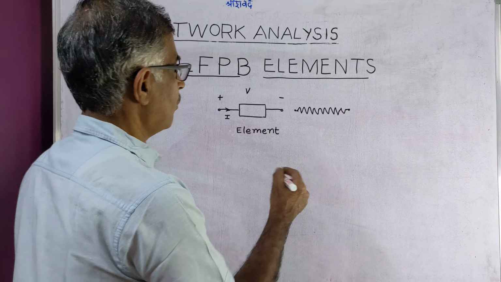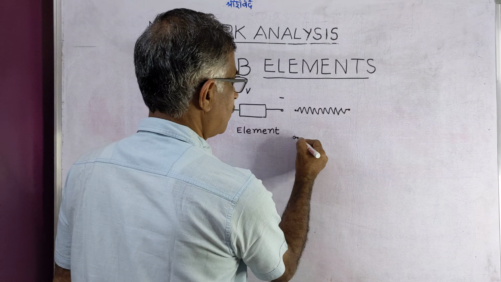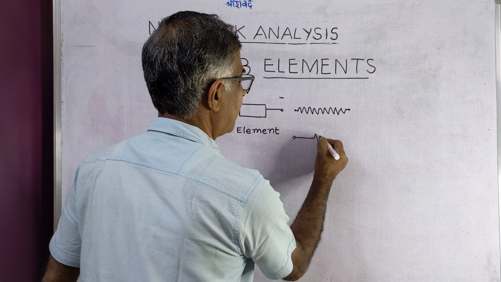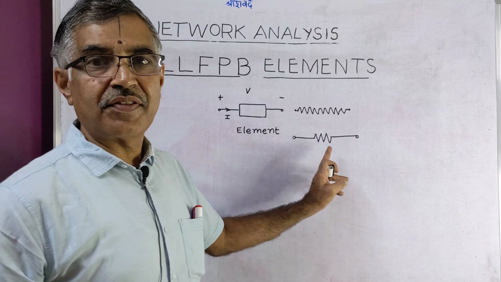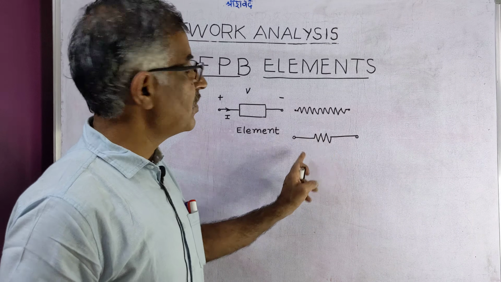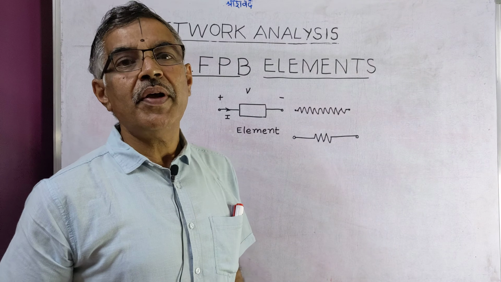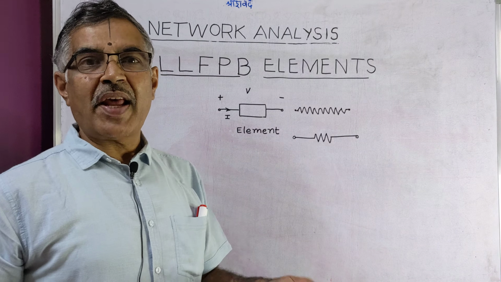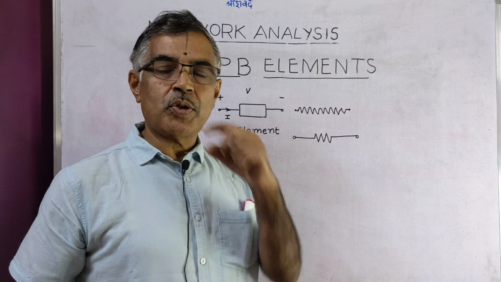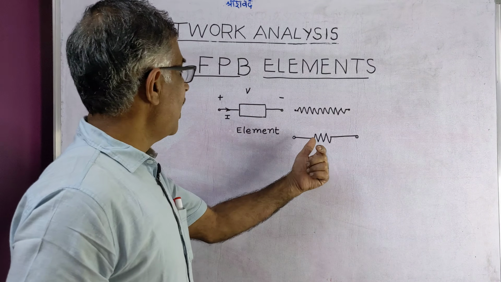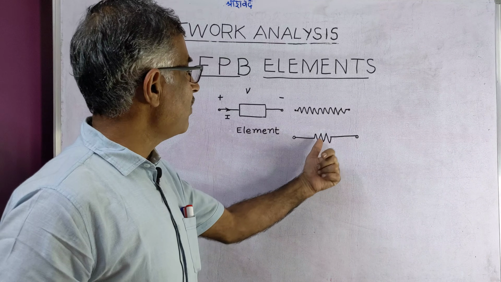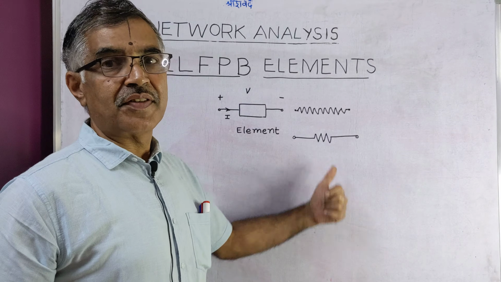If it is concentrated at a fixed point, it is represented like this. Then this resistance is what is called lumped resistance. So if the parameter is assumed to be concentrated at a single point, it is said to be lumped resistance.